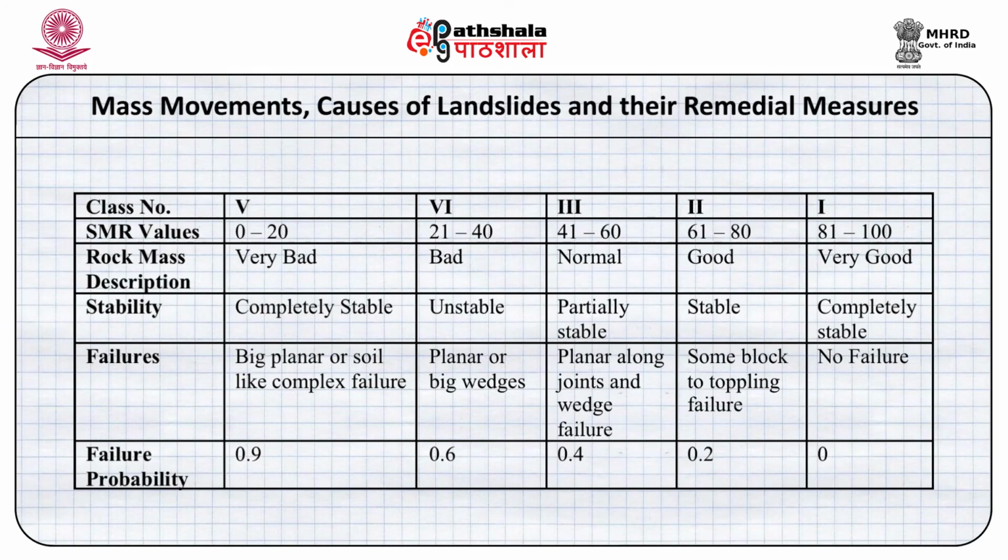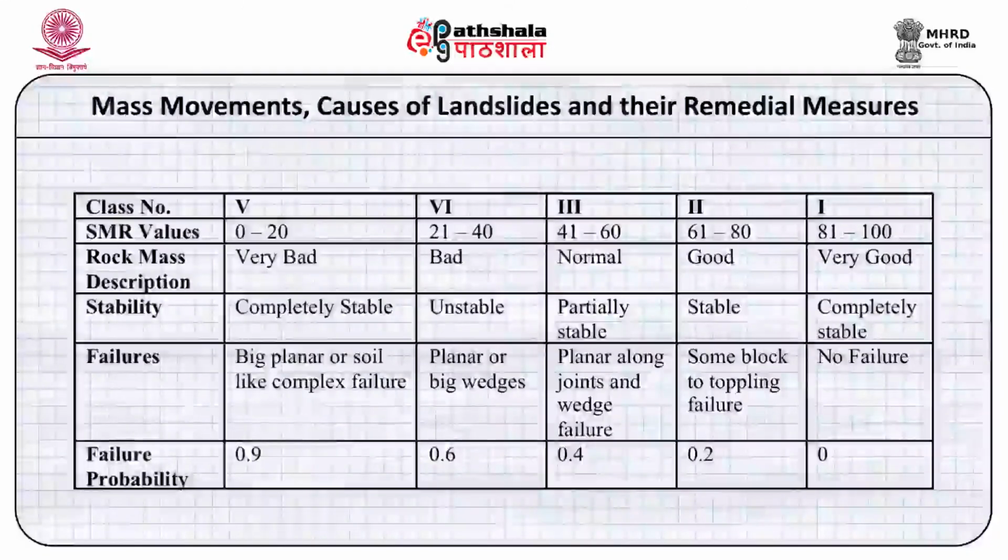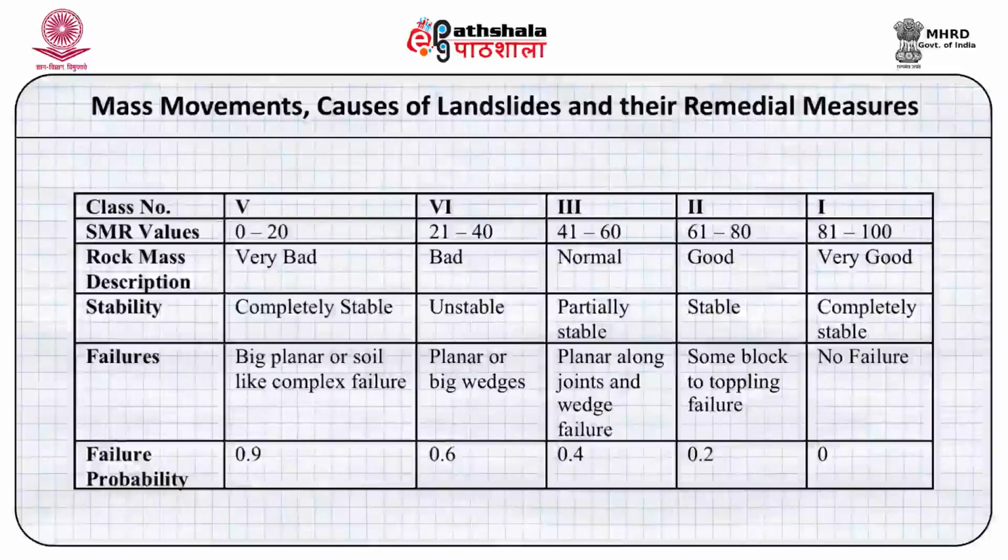If we calculate this, we can have values starting from less than 20 to 100, and this whole range of numbers can be classified into 0 to 20, that is 5th class, 20 to 40 4th class, 41 to 60 3rd class, 61 to 80 2nd class, and 81 to 100 1st class.